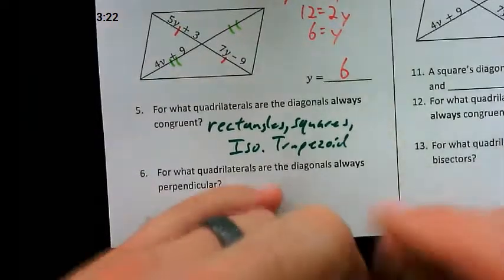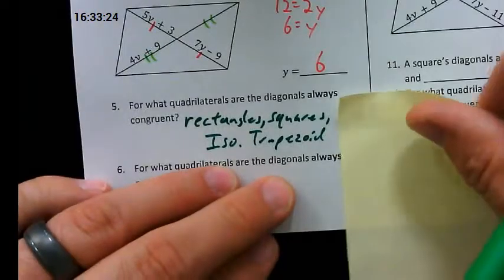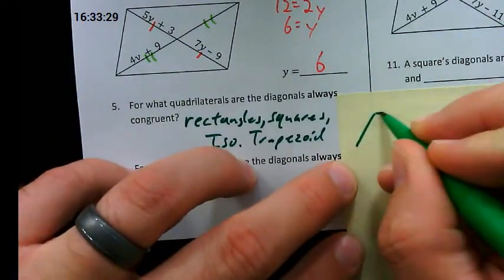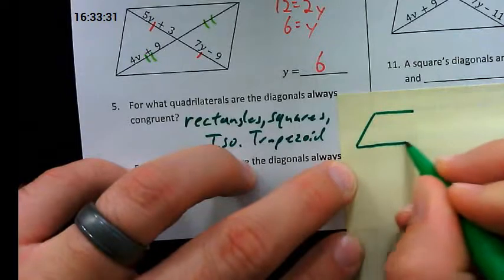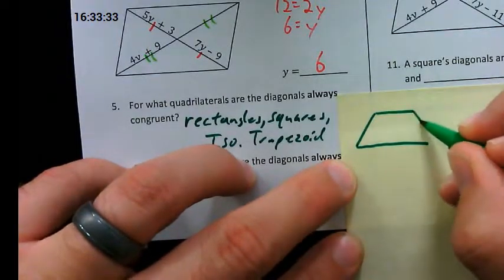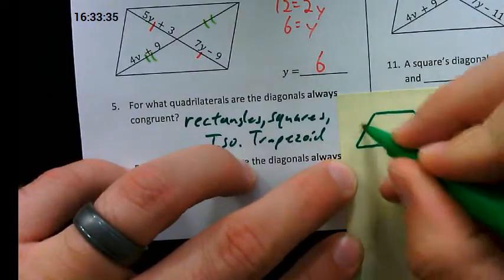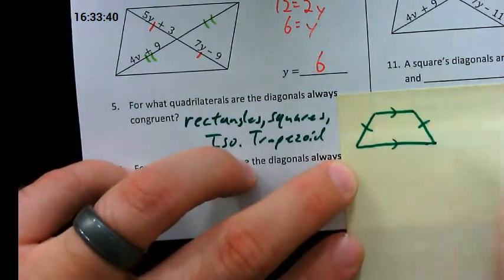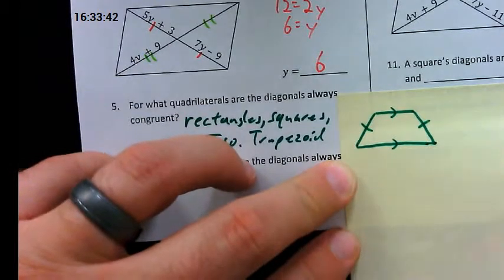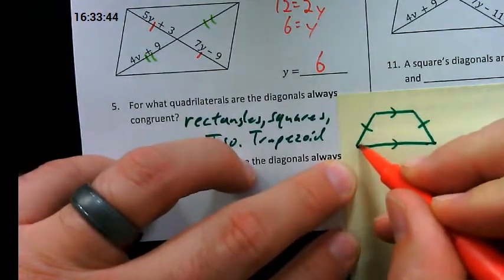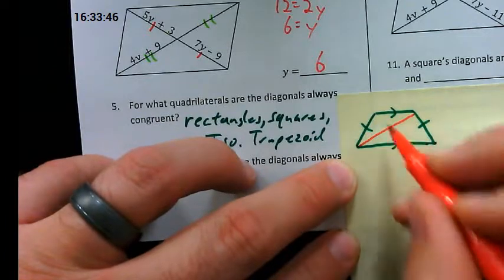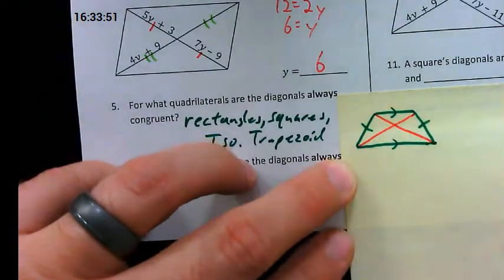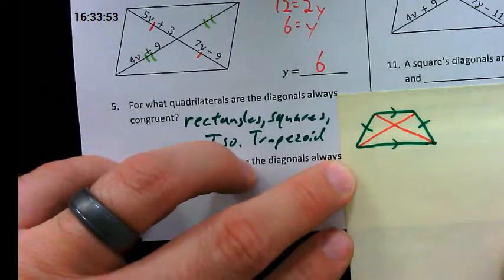For an isosceles trapezoid, this is what it looks like. But these two sides are parallel. If you drew in your diagonals, these two diagonals are congruent.